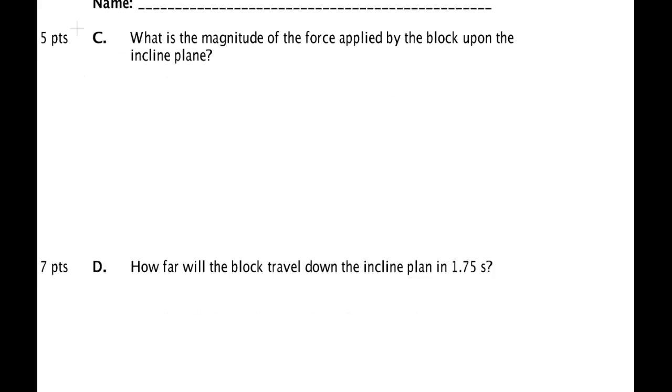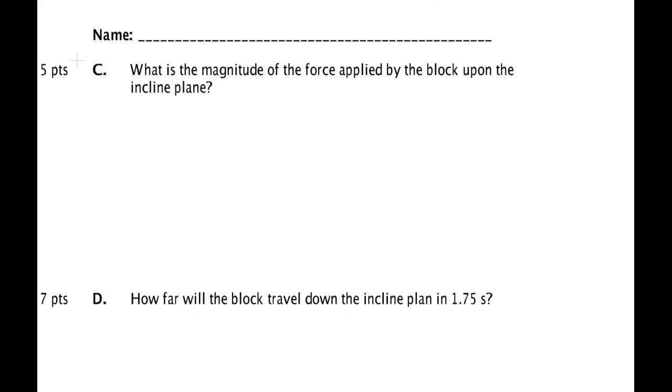Part C, what is the magnitude of the force applied by the block upon the inclined plane? Well, the force applied by the block on the inclined plane is the same as the force applied by the inclined plane. That's the normal force. Sum of the forces in y is may, but there's no acceleration perpendicular to the plane.